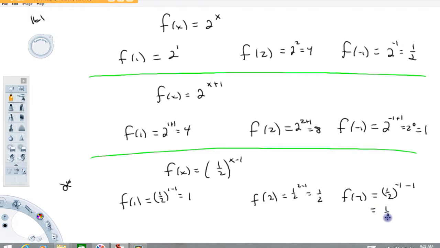That's going to be 1/2 to the minus 2, which is 1 over 2 squared. I'm running out of room, so I'm not going to write it, but it would be 1 over 1/2 squared, which is 2 squared, which is 4. Right? So there's the beginning of your notes on exponential functions.